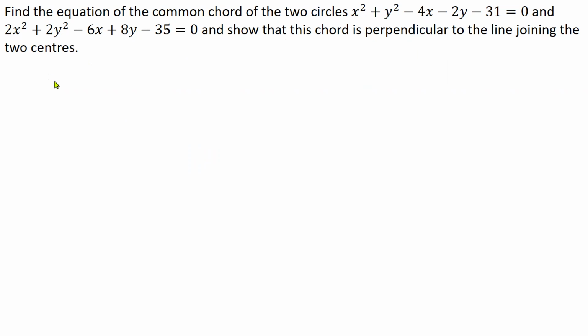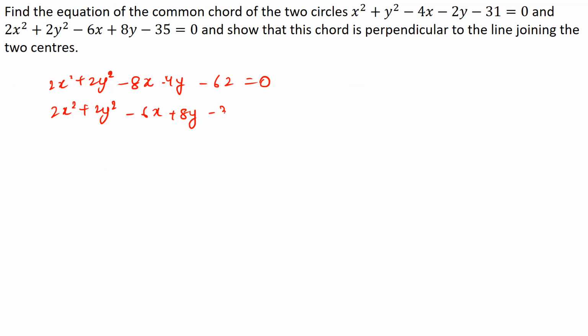So I get 2x square plus 2y square minus 8x minus 4y minus 62 is equal to 0, and then 2x squared plus 2y squared minus 6x plus 8y minus 35 is equal to 0.